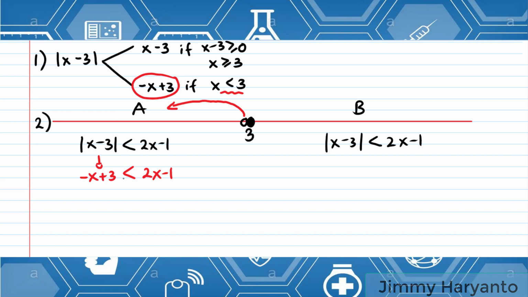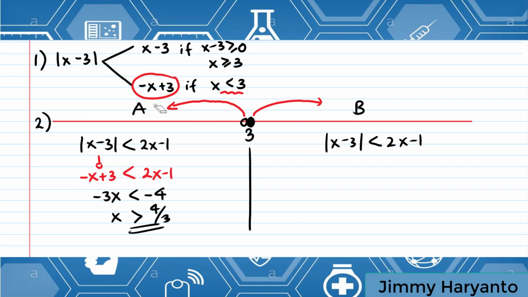And then we have to solve this one: negative 3x less than negative 4, so x greater than 4 over 3. There you go, we have the first x. And the second x, room B. Room B is at the right side of 3, so we have to choose the greater than or equal to 3, and use x minus 3.